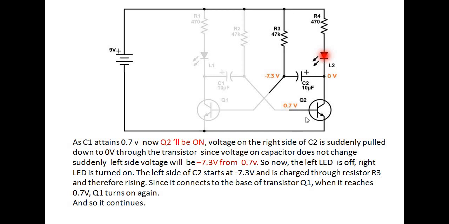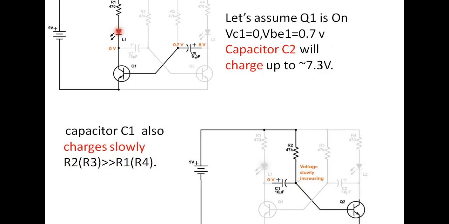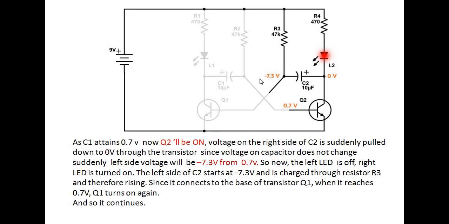So this process repeats. If you assume Q1 is on, this 7.3 is happening, that 7.3 becomes minus 7.3 and the same Q1 becomes off, right. What will happen if Q1 is off?